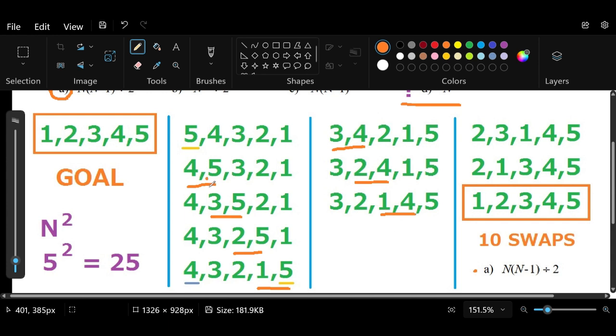But again, we are not yet done because our goal is to get 1, 2, 3, 4, 5. So we go back to the leftmost and ask, is the element to its right less than 3 now? And what we get is it's a yes. So we then need to ask the element to its right, is it less than 3? And we say, because it's 1, yes.